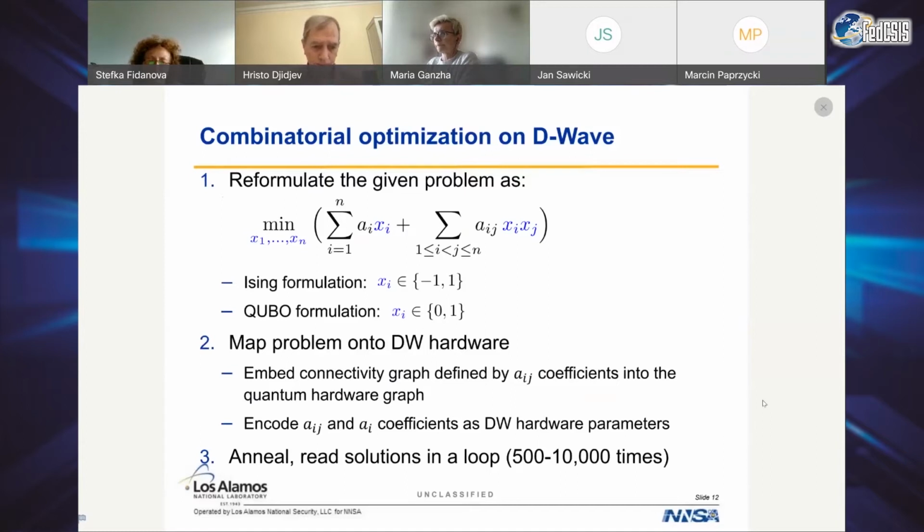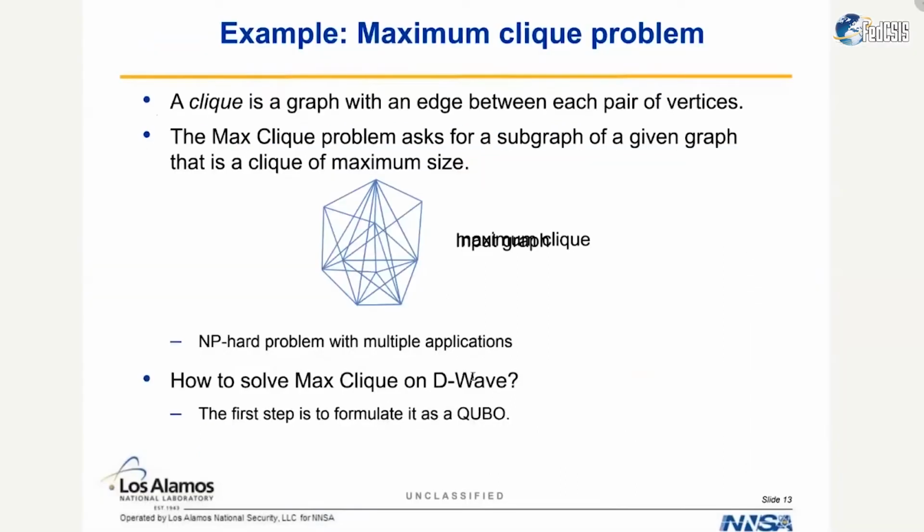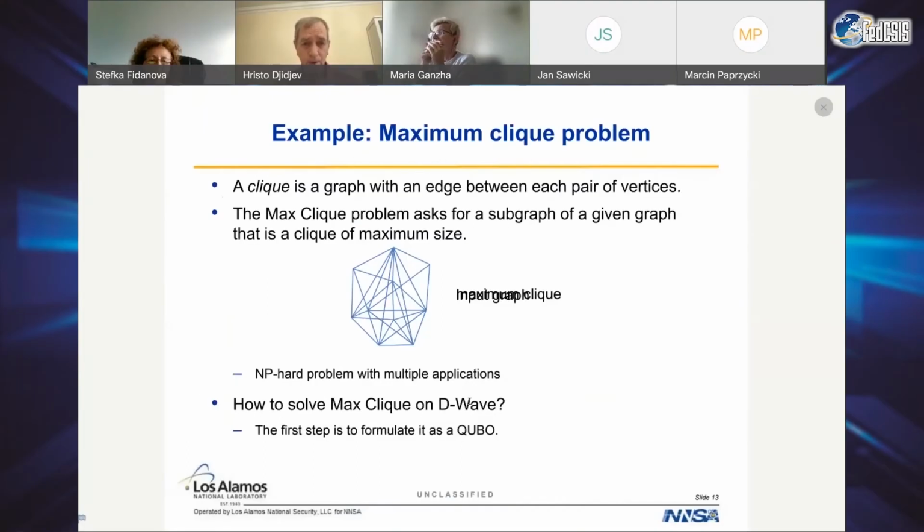Okay, next one, please. So I'll give here an example, the maximum clique problem. So what is a clique? It is a graph which has edges between any pair of vertices. So it's a maximally connected graph. That's a clique.